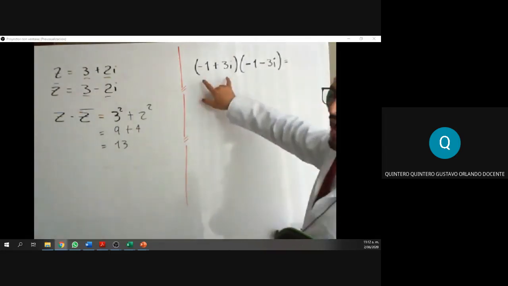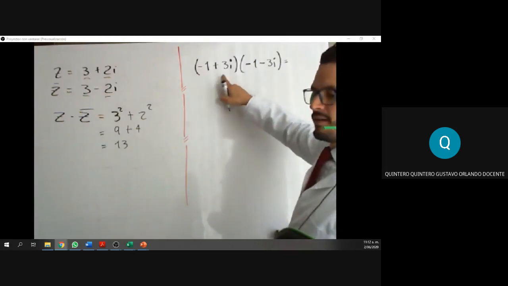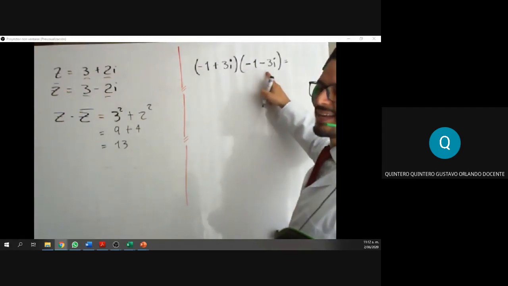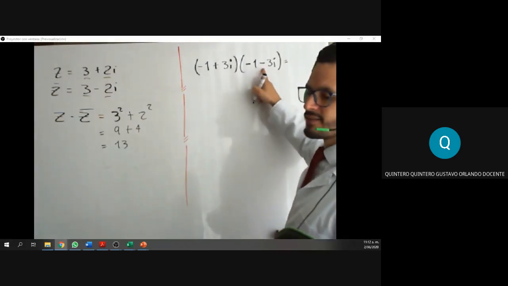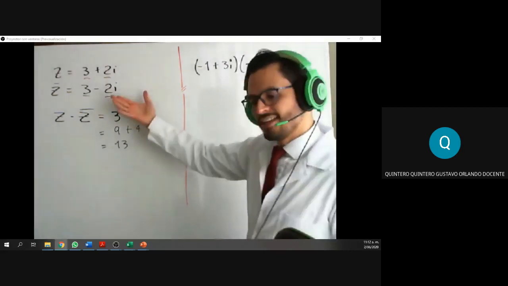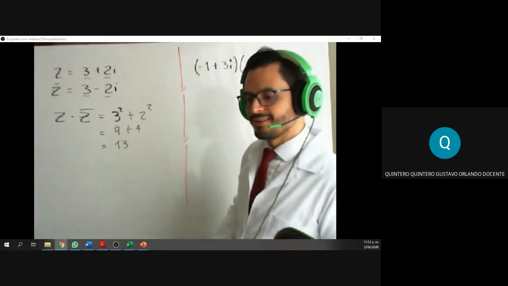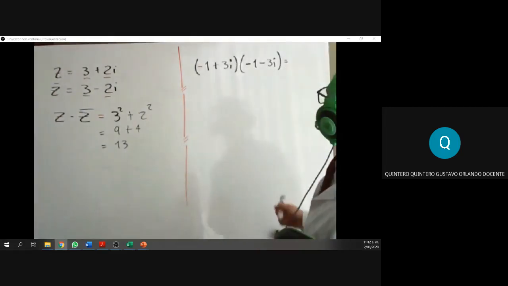Because in here we have a complex number being multiplied by its conjugate. Look, plus and minus. This is its conjugate. So you can apply the trick that we just learned, right? Beautiful stuff, guys. You got it.